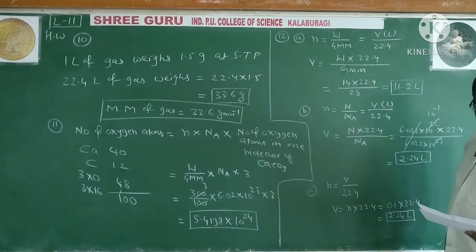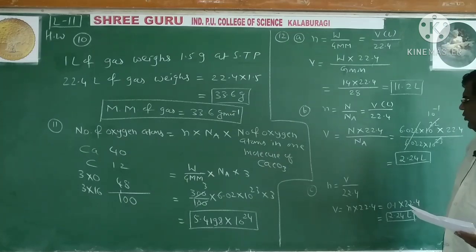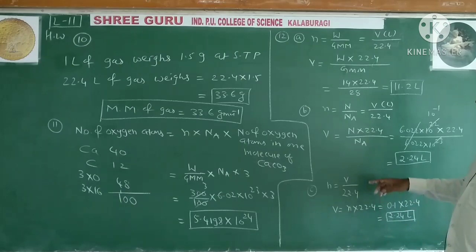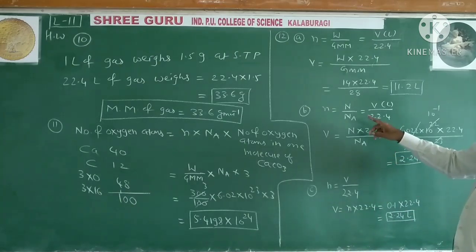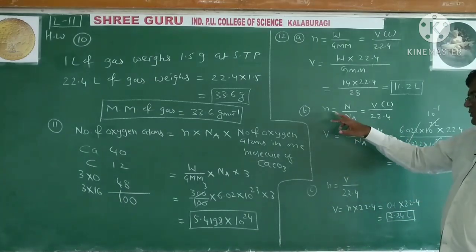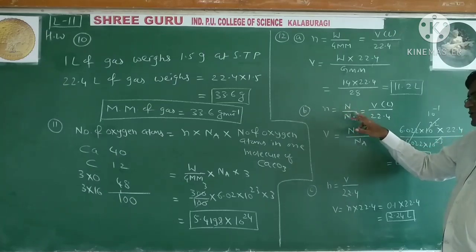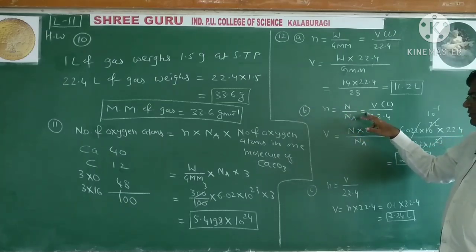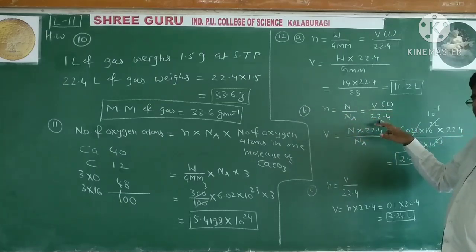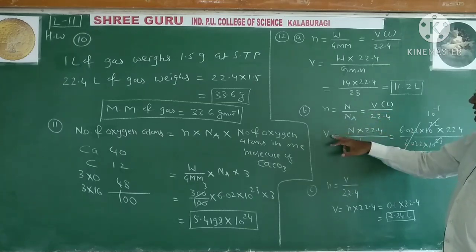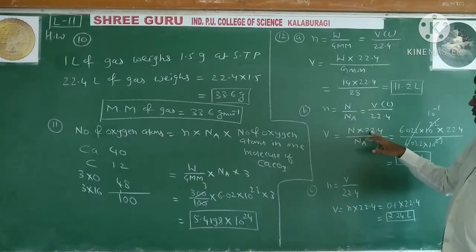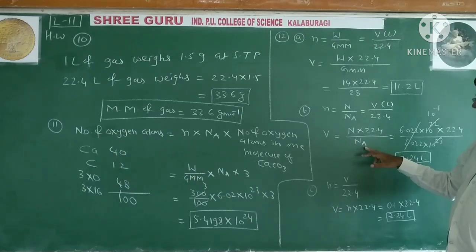The other is 6.023 into 10 raised to 22 molecules of ammonia. So they have given the number of molecules. Number of moles is equal to number of molecules by Avogadro number, equal to volume in liter divided by 22.4 liter. V equals number of molecules into 22.4 divided by Avogadro number.